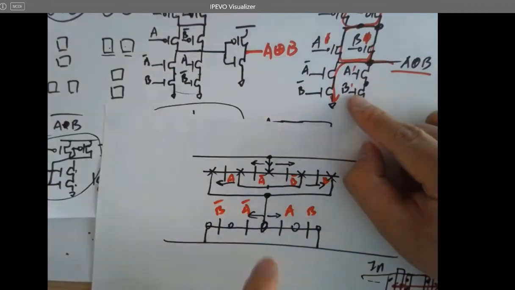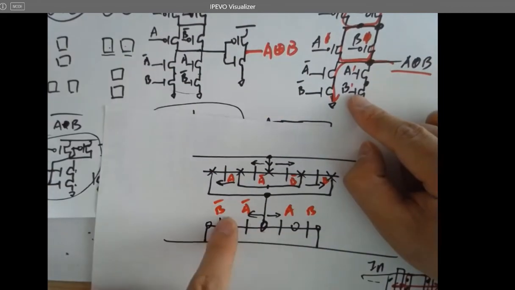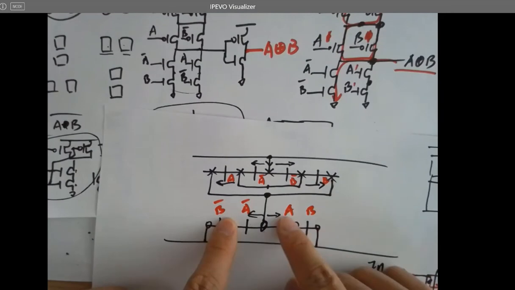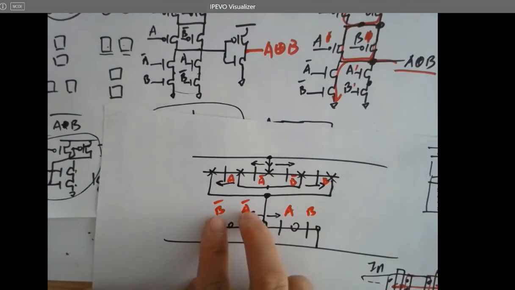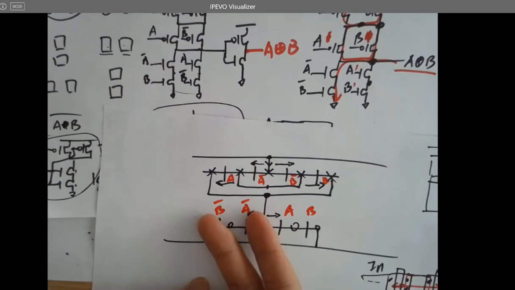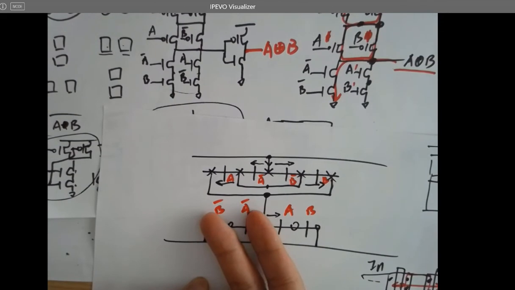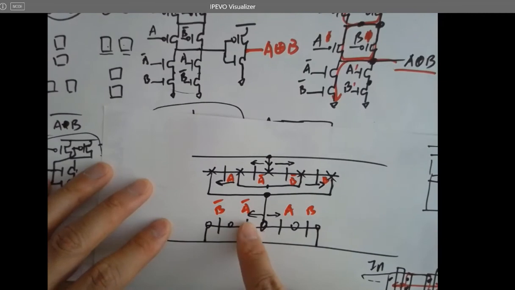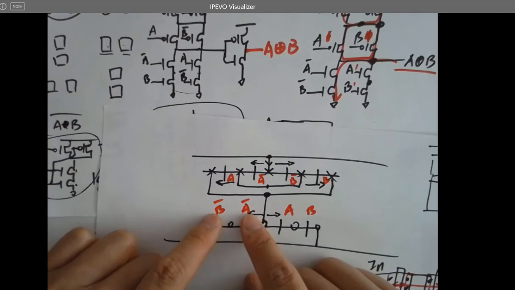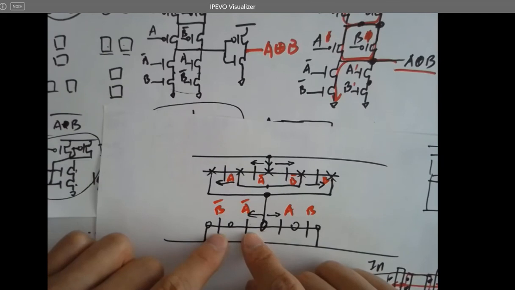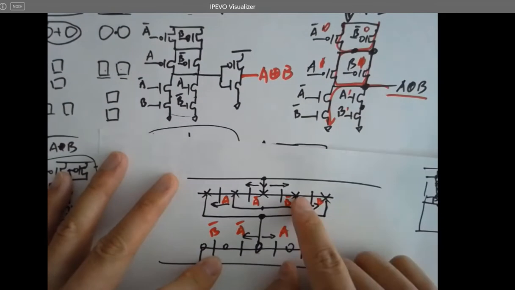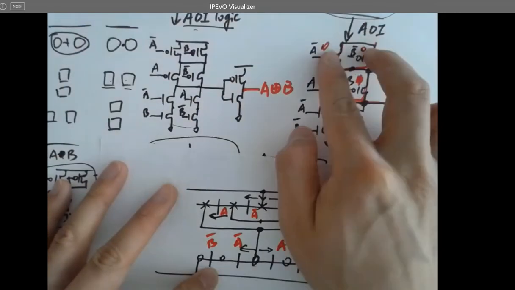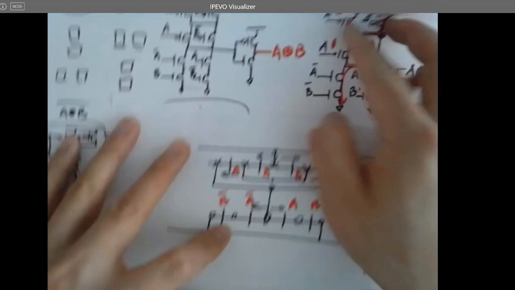Because A0, B0 are in series, A, B in series. However, you cannot swap these two signals. Is that making sense? The order here matters. If you do not connect these two signals to these gates in the correct position, then you cannot pass NCC. However, for these in parallel, it doesn't matter. Here it matters.